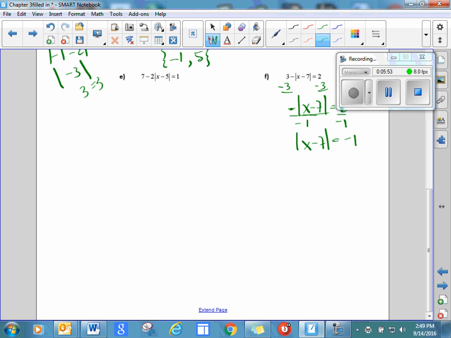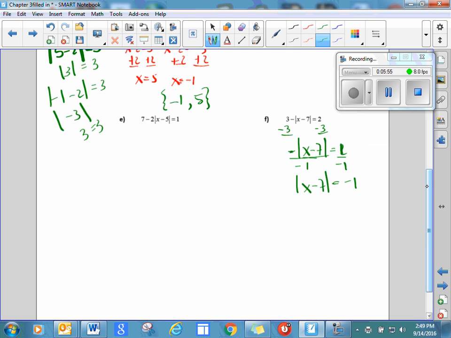All right, let me get some more room going here. So now I ask myself, okay, I've got to take what's inside here and find out where this value is equal.